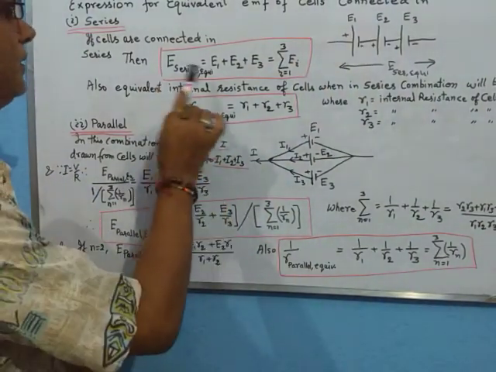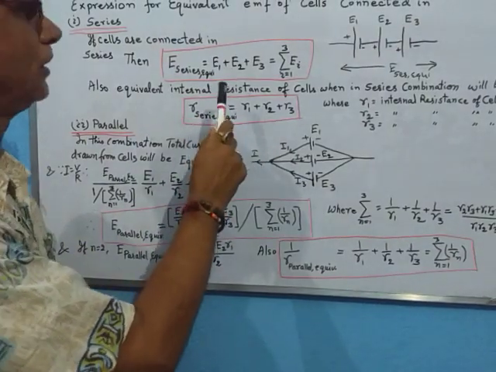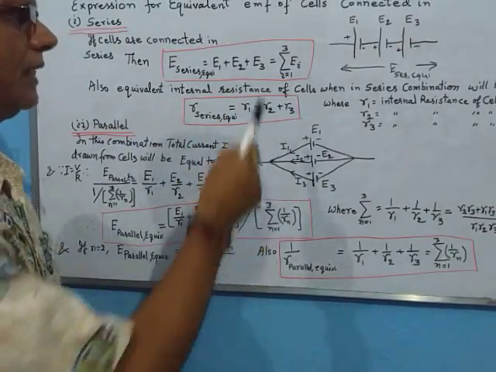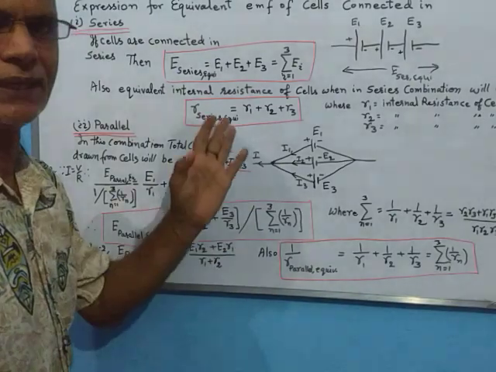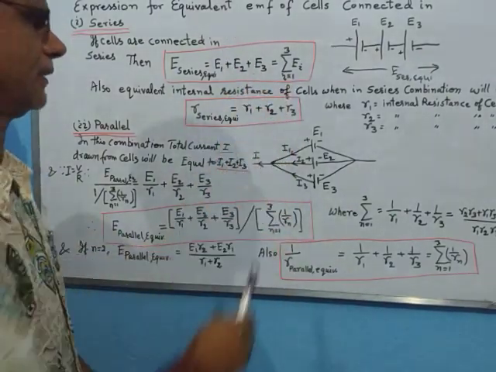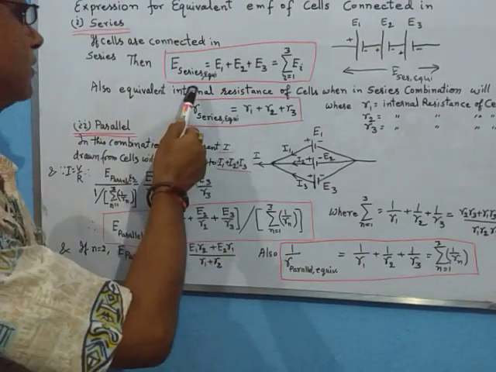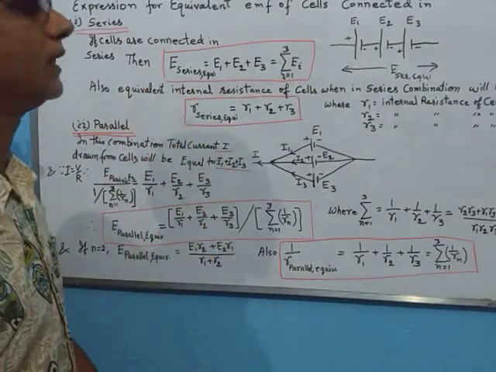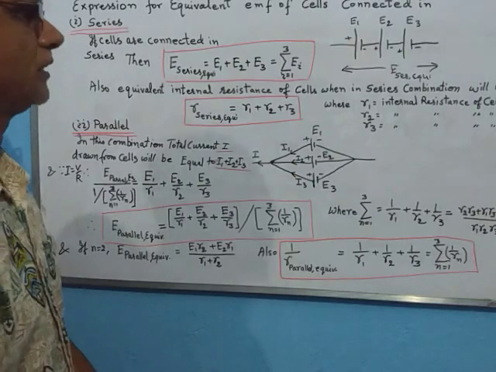So we write E series equivalent is equal to E1 plus E2 plus E3, and written in summation form we write summation i is equal to 1 to 3 of Ei. This is the expression for equivalent EMF of series combination of three cells.